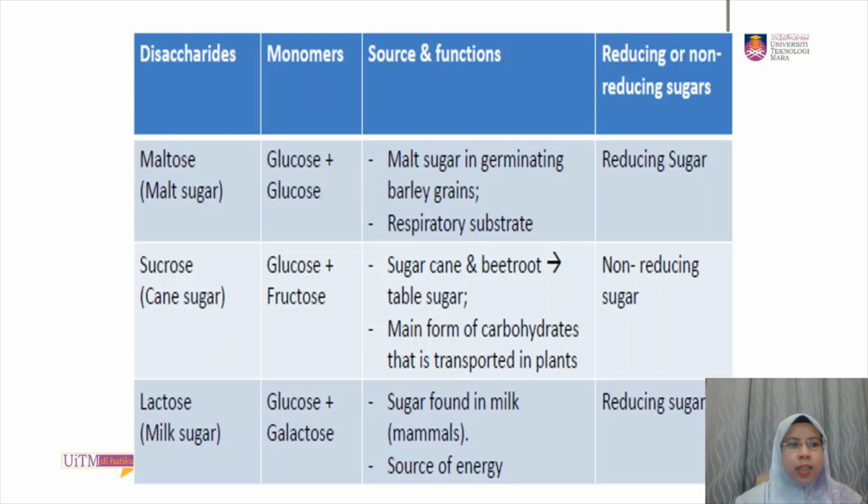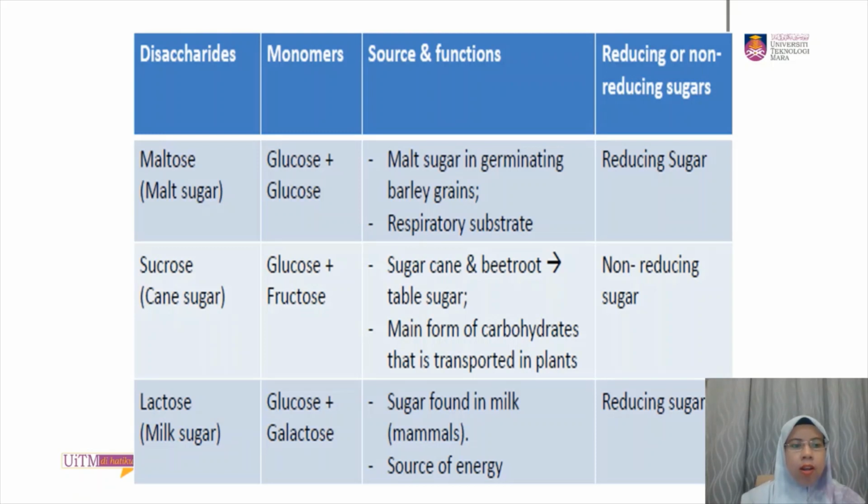What is the difference between reducing and non-reducing sugar? A carbohydrate which is capable of being oxidized and causing the reduction of other substances without having to be hydrolyzed is a reducing sugar, but those which are unable to be oxidized and do not reduce other substances are known as non-reducing sugars.